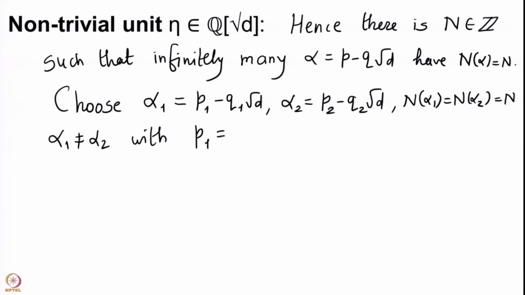with P1 congruent to P2 modulo the same capital N, and Q1 congruent to Q2 modulo the same capital N. Why can we do this? Because the congruence classes modulo capital N are again finitely many. So, although you may be taking pairs, ultimately you have a finite set of possibilities for congruence classes, and so once again there has to be one particular pair of classes where you have infinitely many distinct elements achieving that particular class.